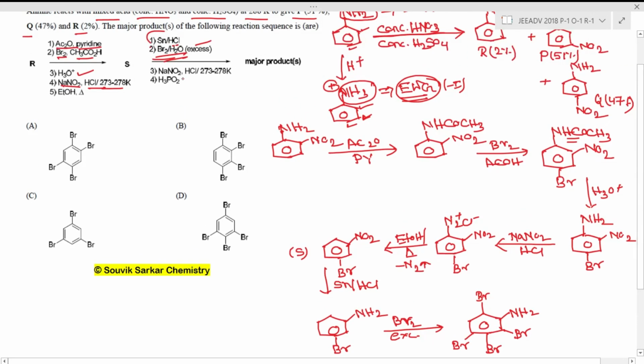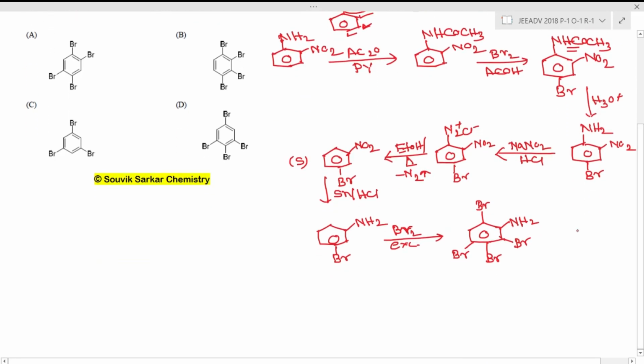Next, it was treated with NaNO2 HCl. Again, it will form a diazonium salt, that is N2+ Cl-, with bromine, bromine and bromine on the ring.